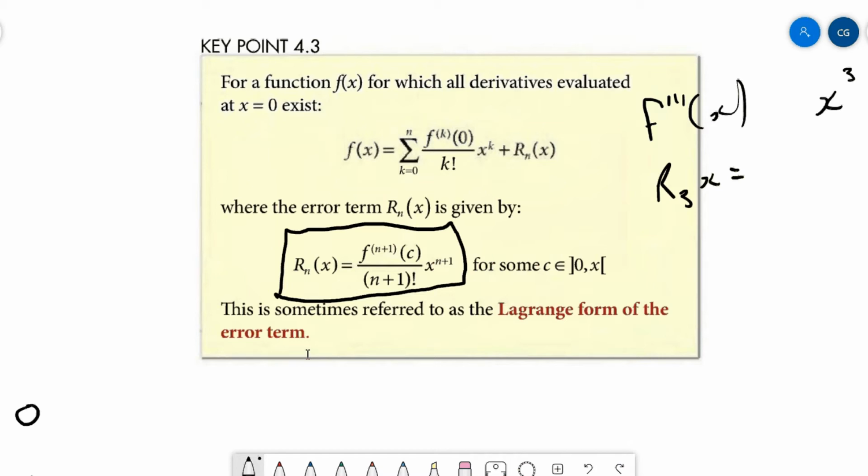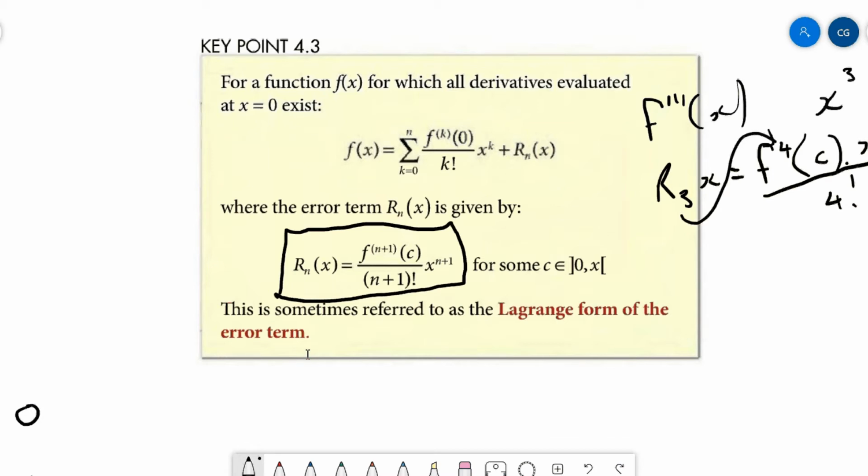So if n is 3, then we have to find the fourth derivative, substitute in a c, multiplied with x to the power of n plus 1. Remember, n is 3, so x to the power of 4, all over n plus 1 factorial, so 4 factorial. This is just to tell you a little bit about n, to see how n influences the formula.